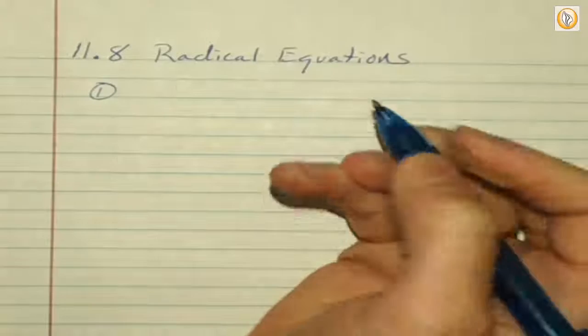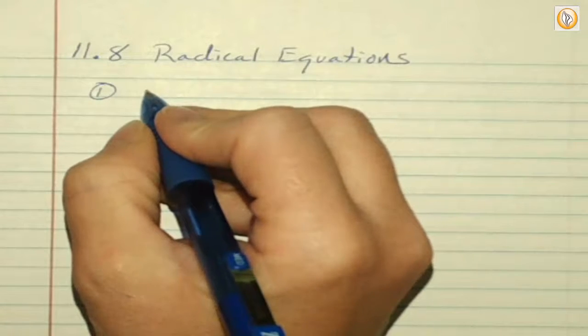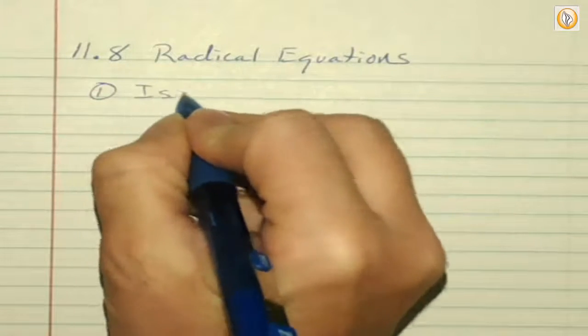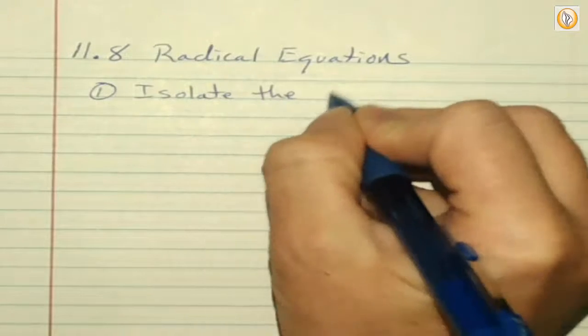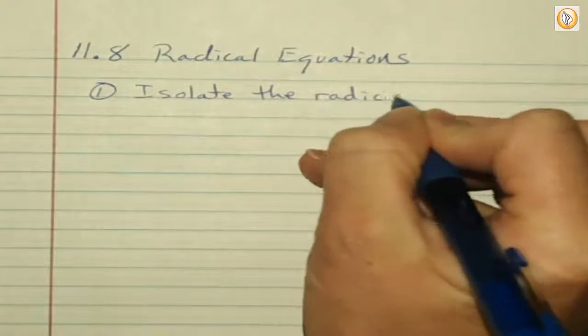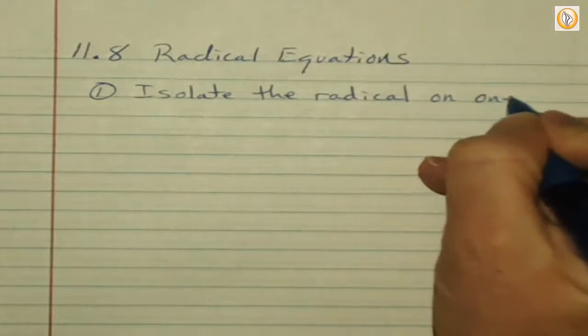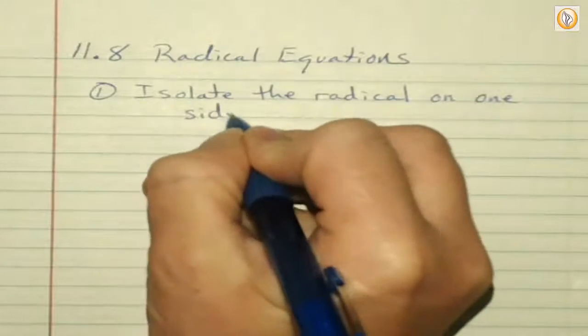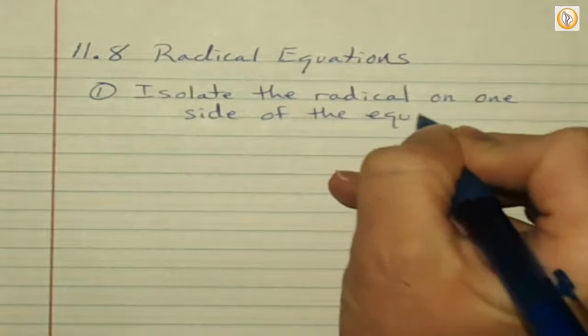The first step, and you all need to write this down: isolate the radical on one side of the equation.